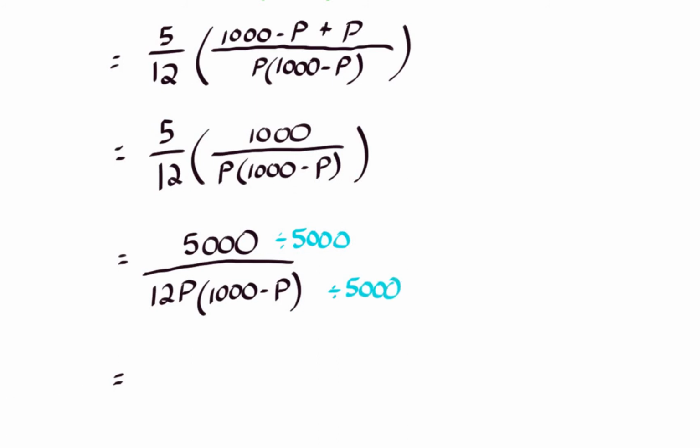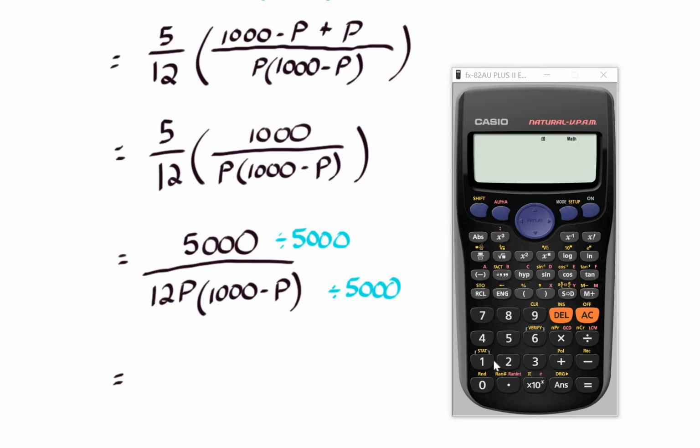Now, what is 12 divided by 5000? We've got this 12 here. We want to keep this bit. What is 12 divided by 5000? It is simply the decimal that we're after, 0.0024.